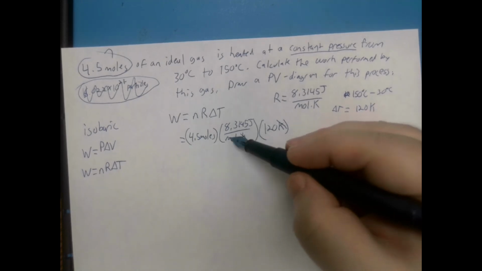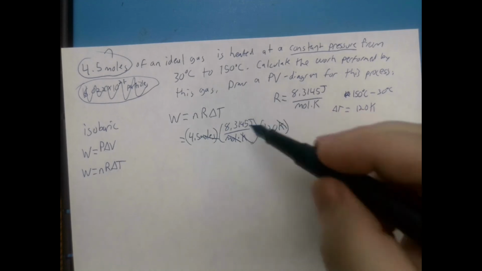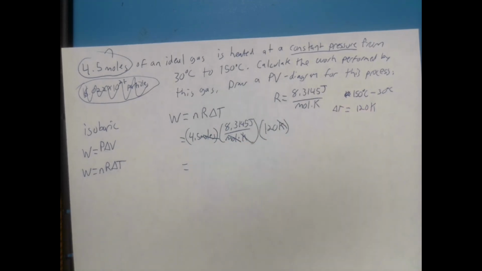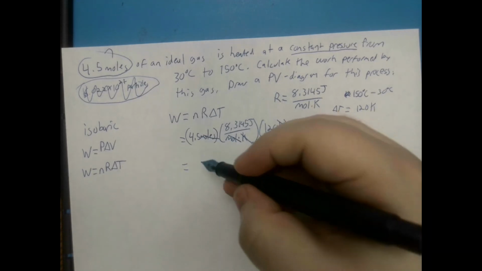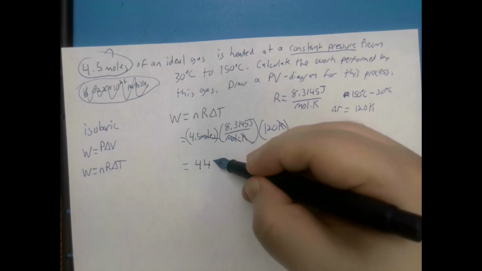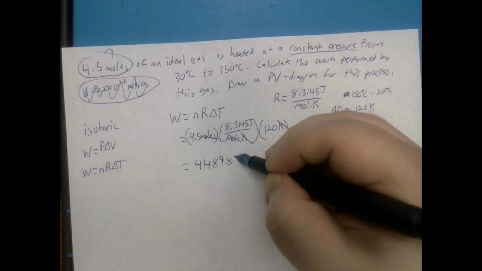Kelvin cancels out, mole cancels out, leaving us with just joules, which is the measure of work. And we see a total work done is 4,489.83.